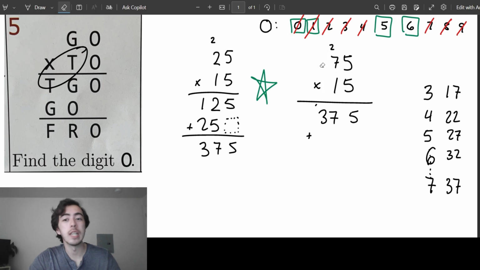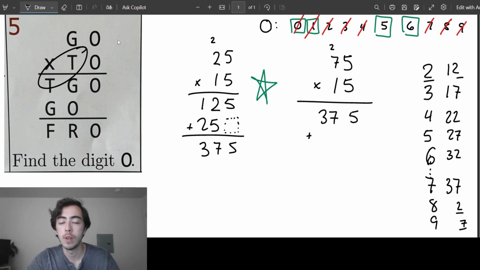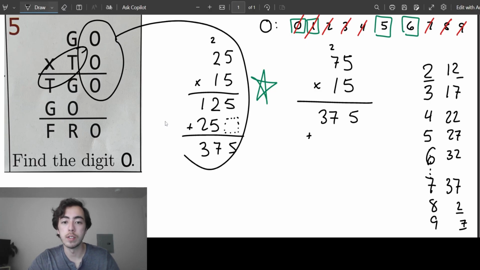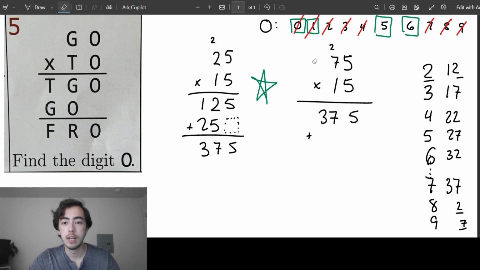So I did need a small number, namely the 2 that matches with the 12 here, in order to create a 1 in the hundreds place. So that rules out, let's just double check. Oh yeah, because 8 and then 9 aren't going to match the 1's place of either a 2 or a 7 right here. So that tells me that if O is 5, which it is, this is the only example that's going to work. Though we didn't touch 6s yet, and I'm still curious.